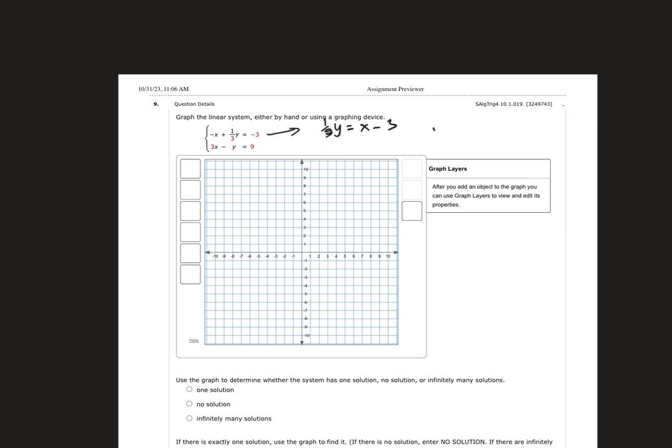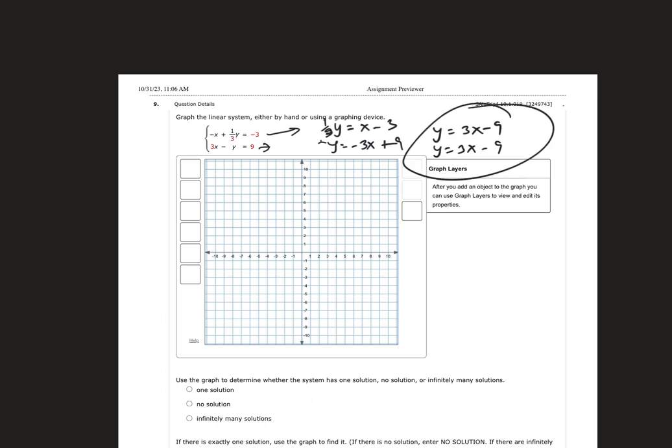That would make this be y equals 3x minus 9. If I were to change this one to slope-intercept form, it would be first negative y equals -3x plus 9. Multiply everything by -1. I get y equals 3x minus 9.